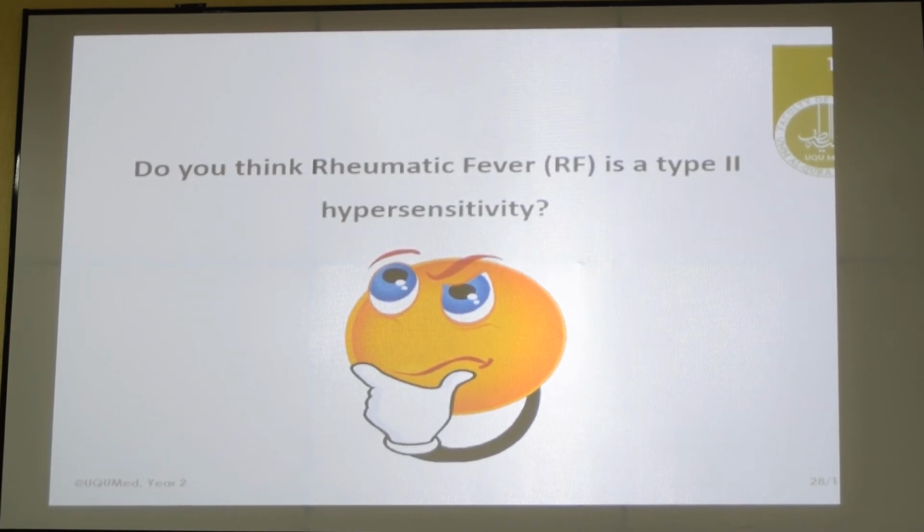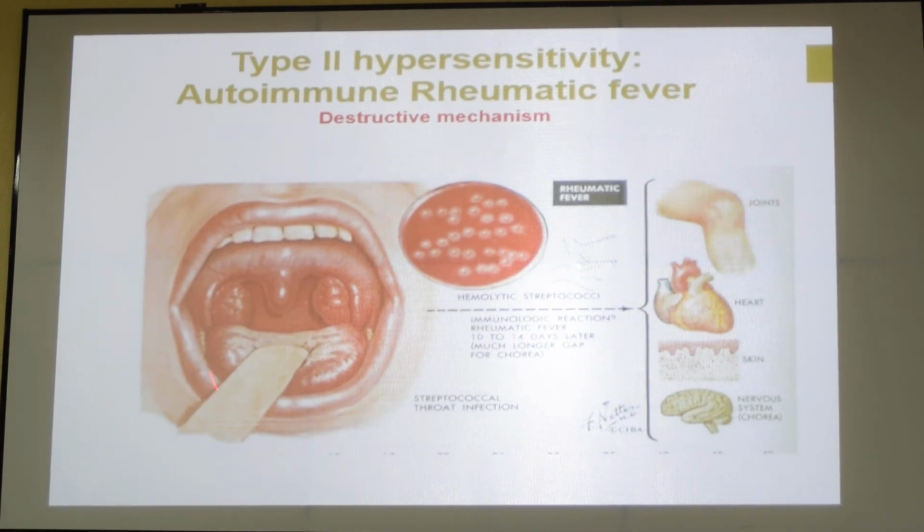Do you think rheumatic fever is a type 2 hypersensitivity? Yes. We said that the tissues, if targeted by the antibodies and then the complement activated or natural killer cell activated, are going to be damaged. So how does it happen? Rheumatic fever is basically a hemolytic streptococcal infection. About 10 to 14 days later, the joints of the patient get inflamed, heart valves are involved, skin has rashes, sometimes the nervous system is involved as well.